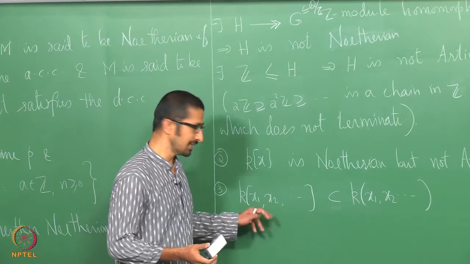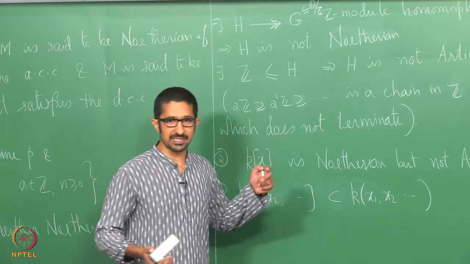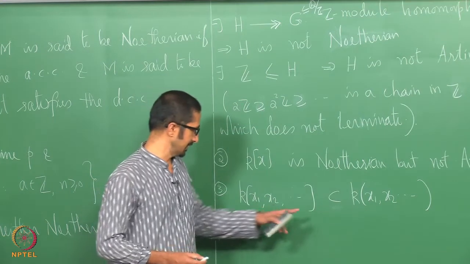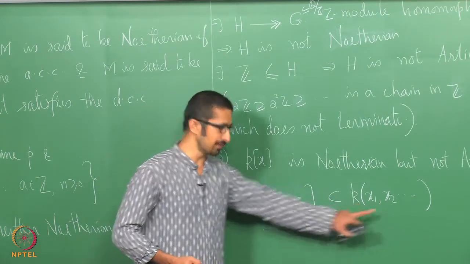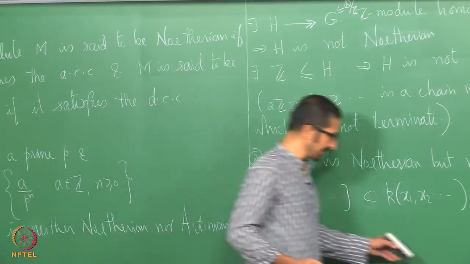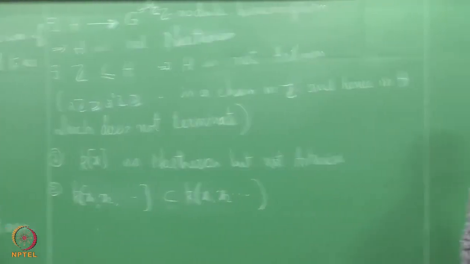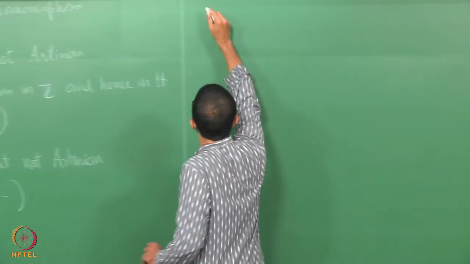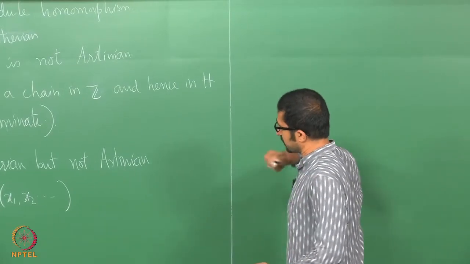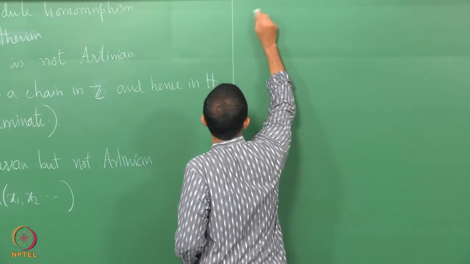So a field satisfies the ascending chain condition and the descending chain condition. Therefore the field is Noetherian, but the ring is not. Subrings need not be Noetherian even if the original ring is Noetherian. But now in the case of modules this is not precisely the case.